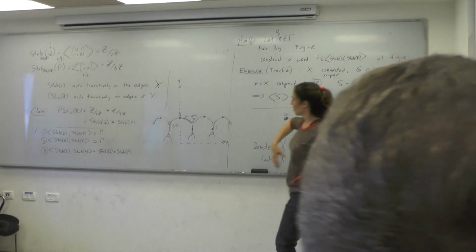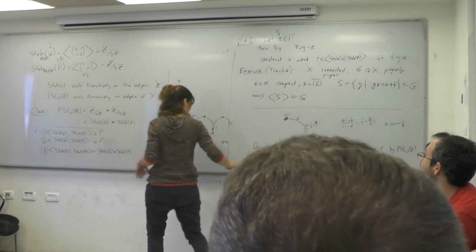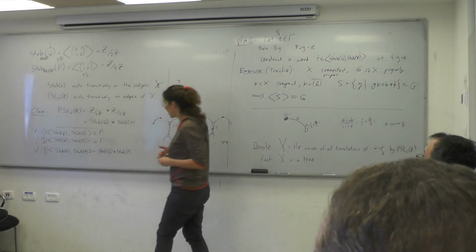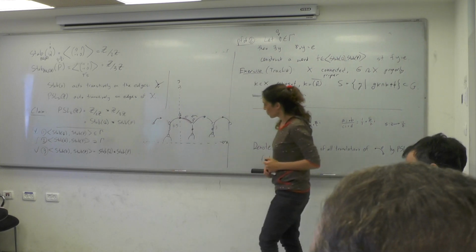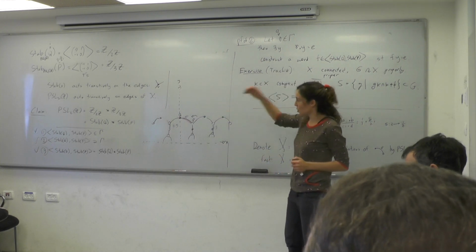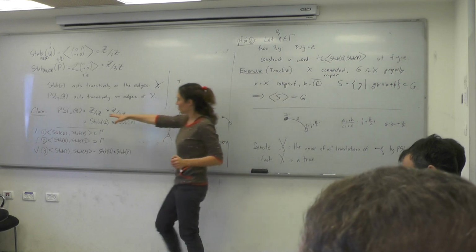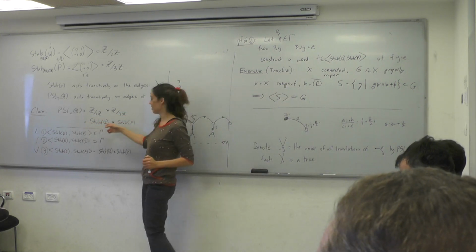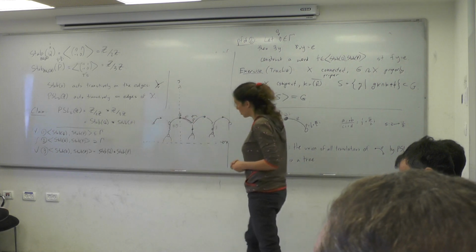But let me just summarize. Assume we proved all these and it's all true. So we really have that PSL2Z decomposes as this product of stabilizers.